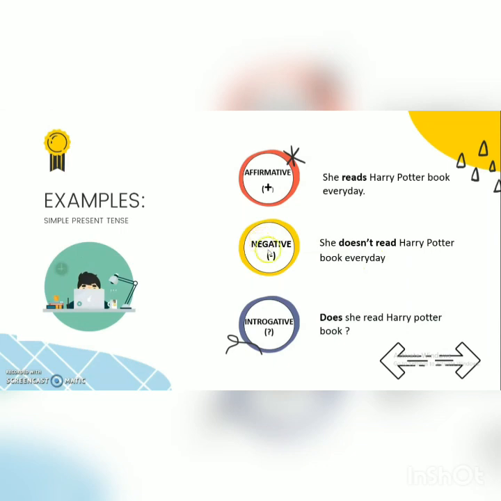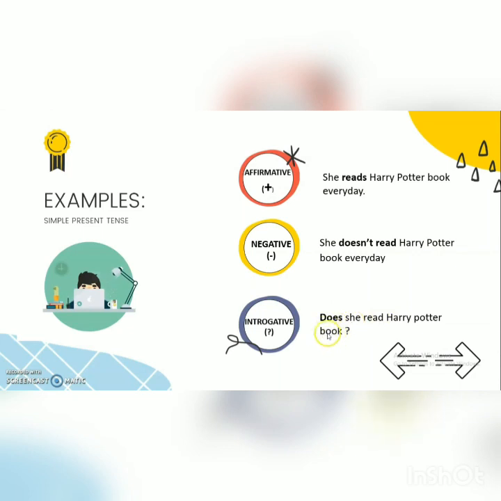In this negative form, we just use do or does, depending on the subject, and the verb goes back to the base form, verb 1. Like she doesn't read Harry Potter book every day. And last is interrogative. The example of interrogative is: Does she read Harry Potter book?